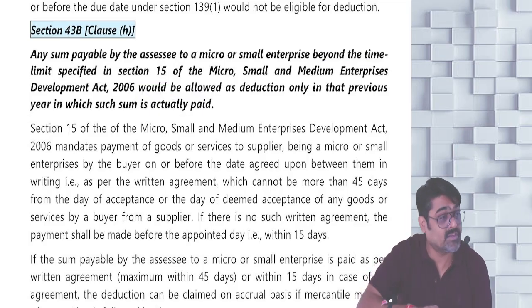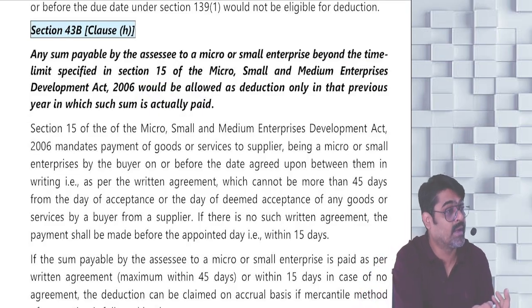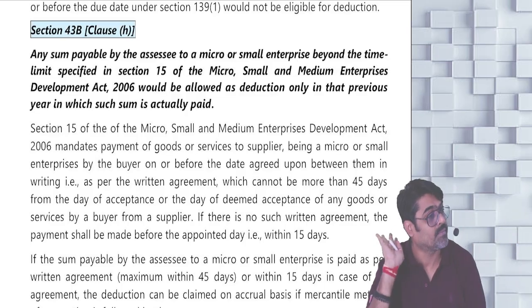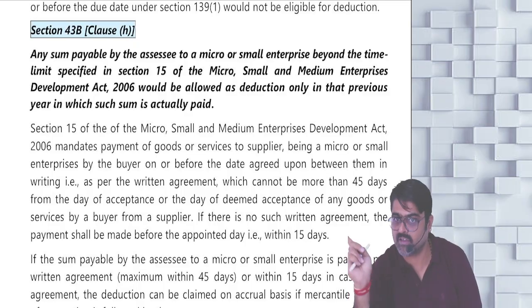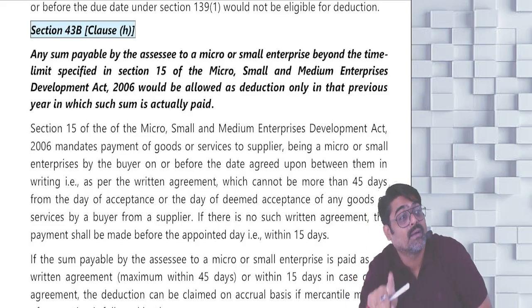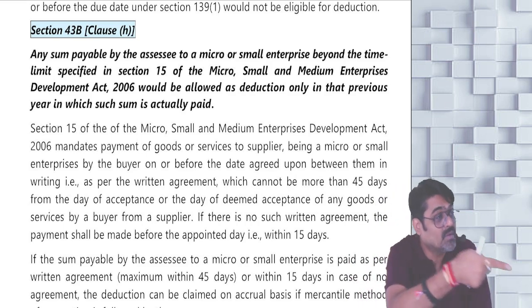So it will be disallowed under section 43B if it is not paid within the time limit given in section 15. So if you want to claim this amount as a deduction, then make the payment for that expense to the micro or small enterprise within the time limit prescribed in section 15.